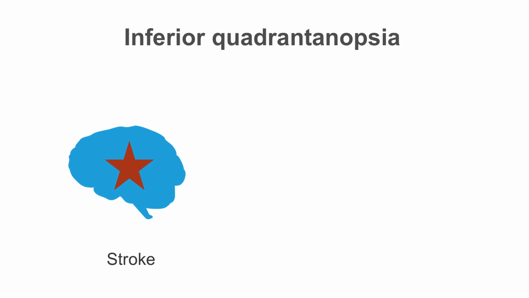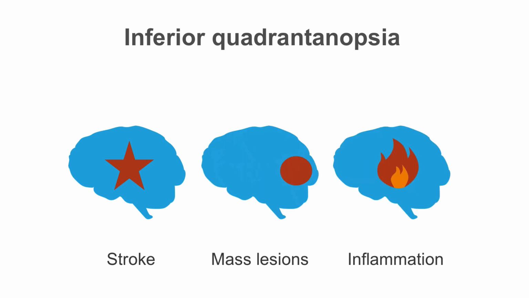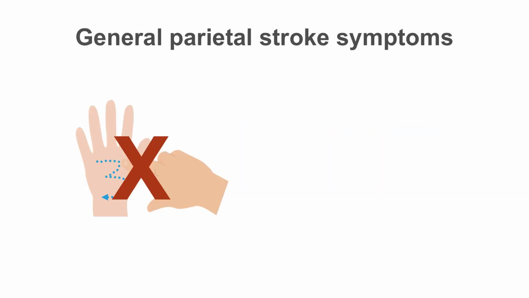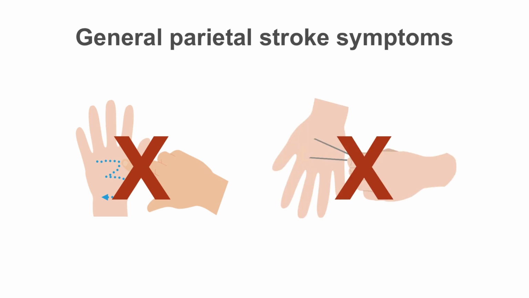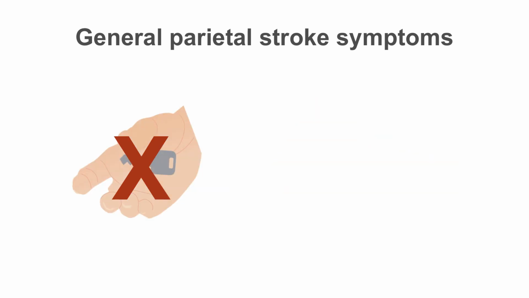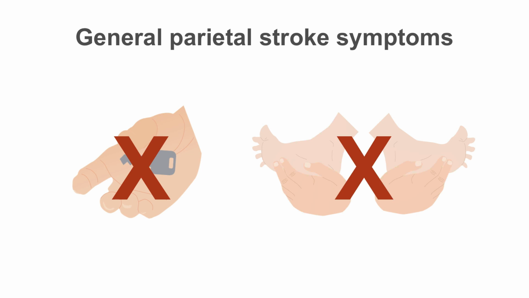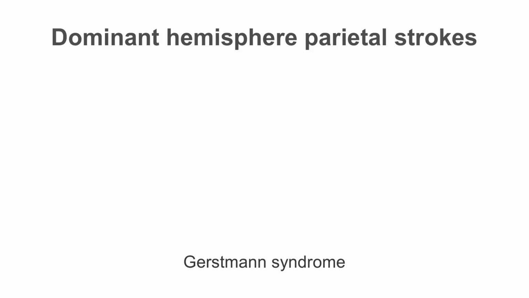This commonly results from stroke, masses, and inflammatory lesions in the parietal lobe. Generally, all strokes involving the parietal lobe will produce agraphesthesia, loss of two-point discrimination, astereognosis, and extinction.